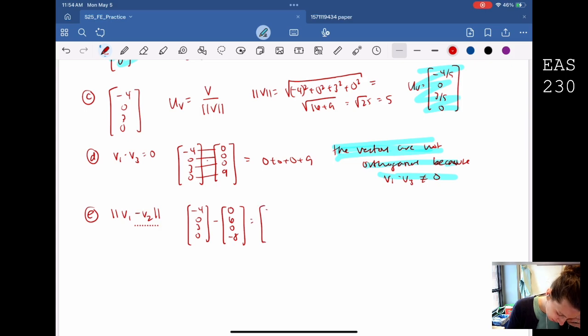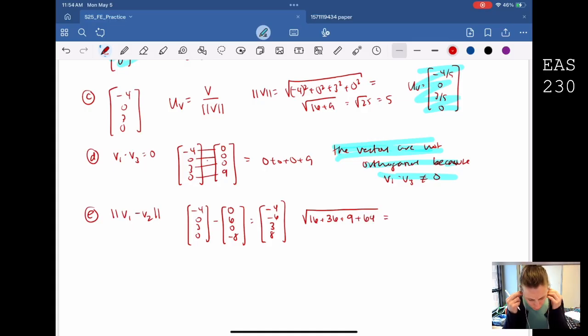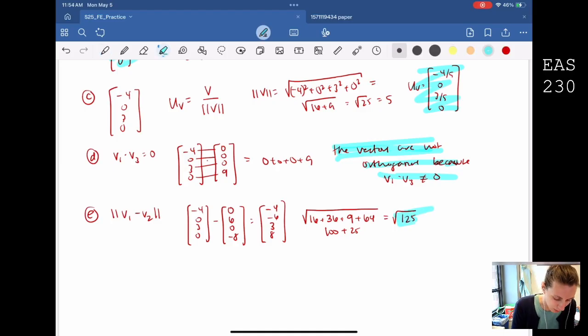So this gives me negative 4, negative 6, 3, and 8. So the norm of that is the square root of all of them squared. So 4 squared plus 6 squared plus 3 squared plus 8 squared. So this gives me, oh gosh, 1, 3, 6, that's 100, plus 12, 16, 25, square root of 125, which I can simplify in other places, but this will be sufficient. So there we go. That's the distance between those 2 vectors.